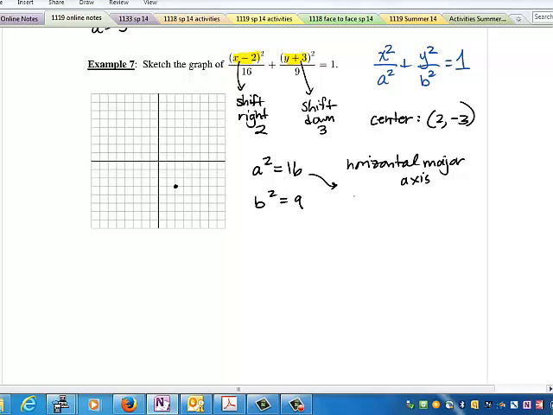And if a squared is 16, a is going to be 4. So those two pieces of information tell us that we want to go 4 left and right of the center for the vertices.